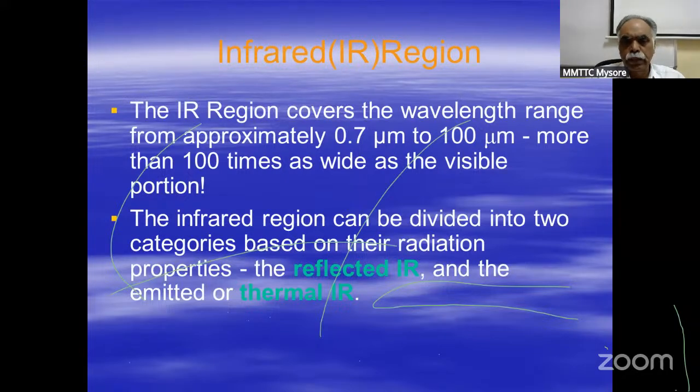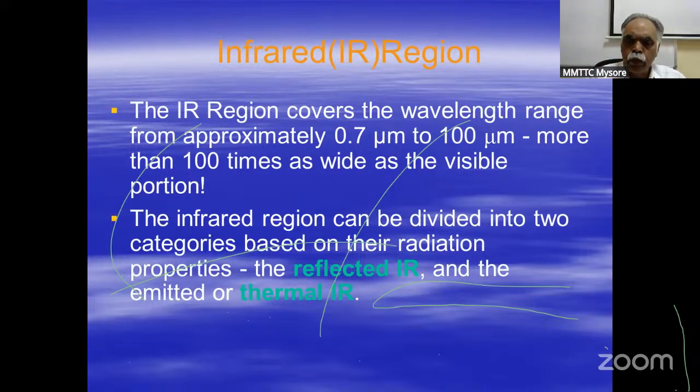Infrared region means, as we have seen in the electromagnetic spectrum, the infrared region covers the wavelength range approximately 0.7 to 100. That is 100 times as wide as the visible portion. Means the infrared portion itself is 100 times bigger than the visible spectrum.